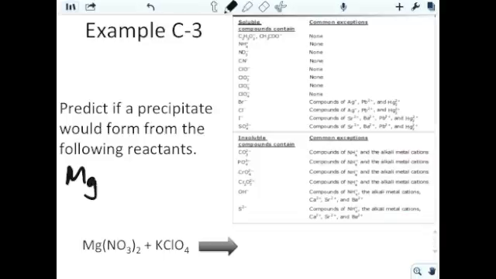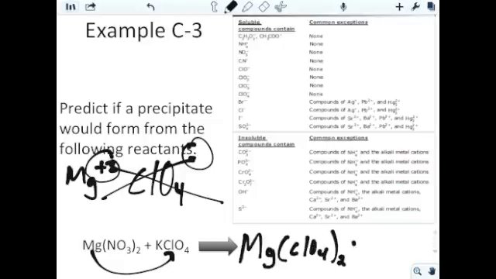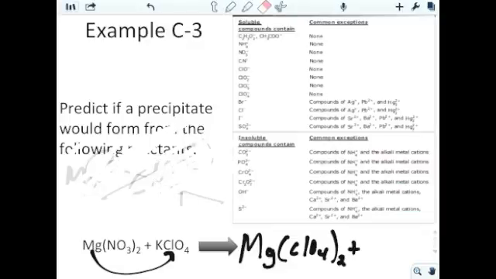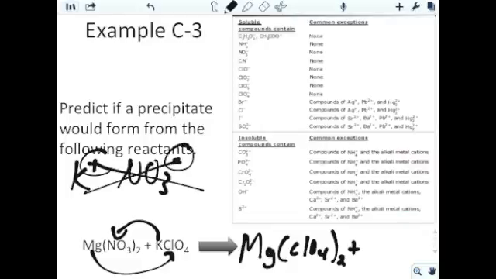Magnesium switches and now it's bonded to perchlorate, plus 2, ClO4 -1 crisscross, and we get our Mg(ClO4)2 plus the other possible product that we could have is now potassium. It's bonded to that nitrate, so K, which is +1, NO3, which is -1, crisscross, and we get KNO3.